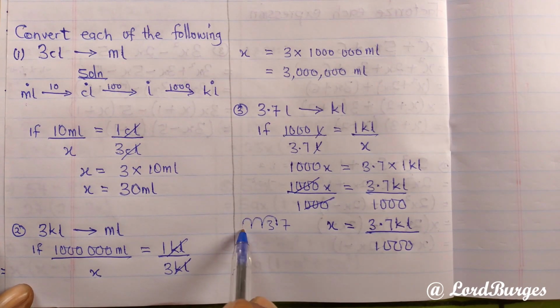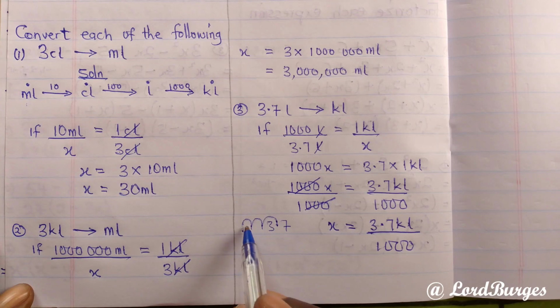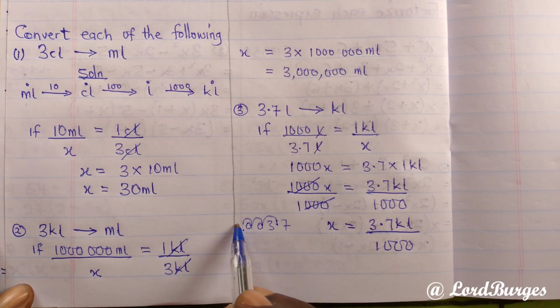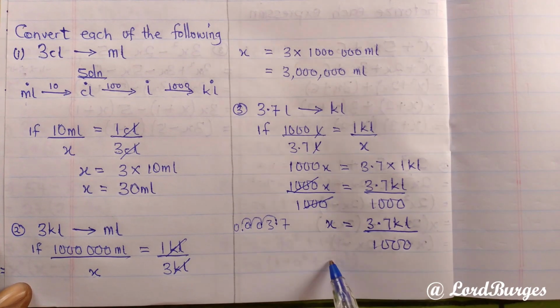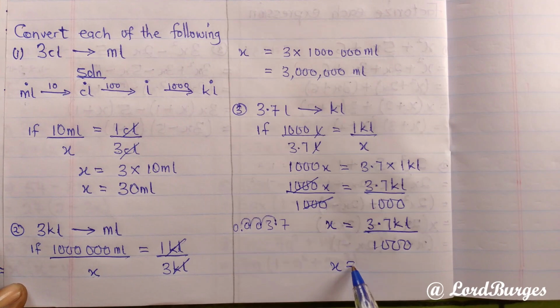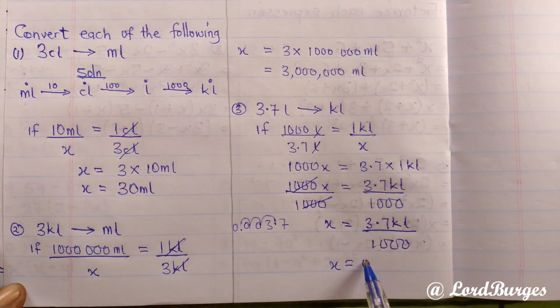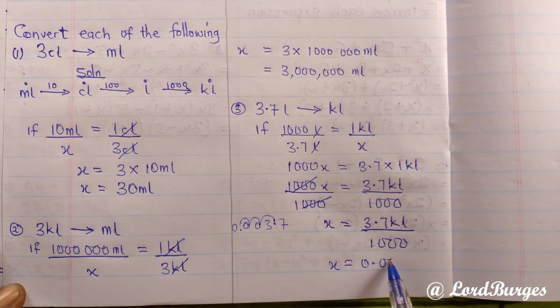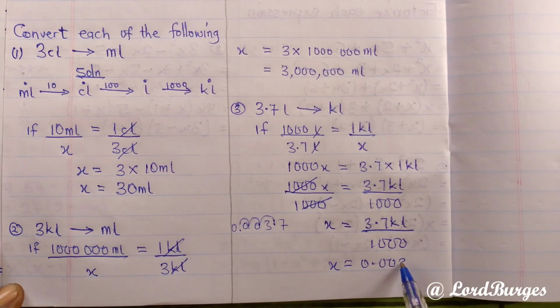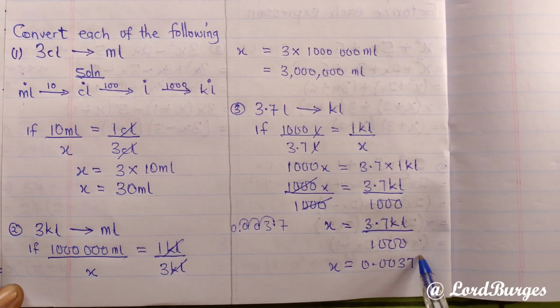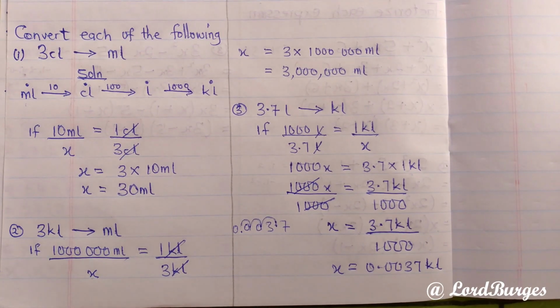So my decimal will not be here. Then I have 0, 0, and 0 in front. So x should now be equal to 0.0037 kiloliters as my final answer.